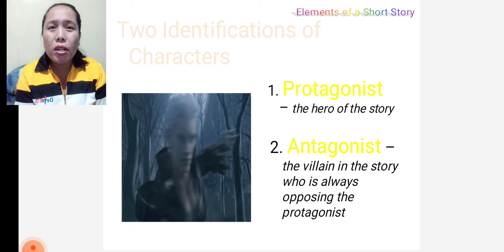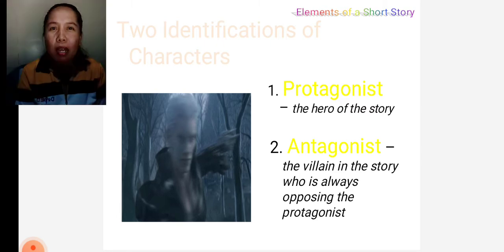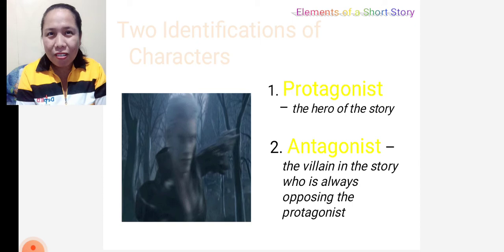In other words, sila ang bida sa storya. Just like for example, sa salida nga probinsyano, who do you think is the bida of that story? Di ba si Cardo? No. Okay, mao na si Cardo ang gitawag og protagonist.